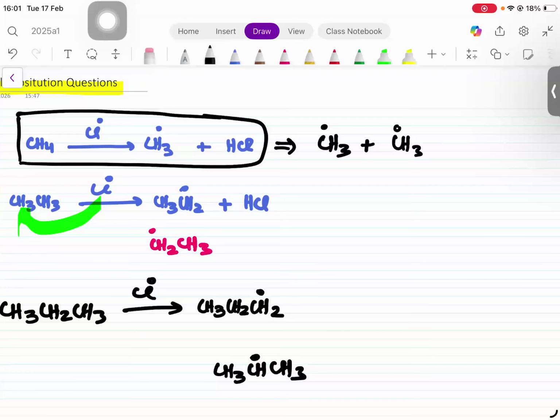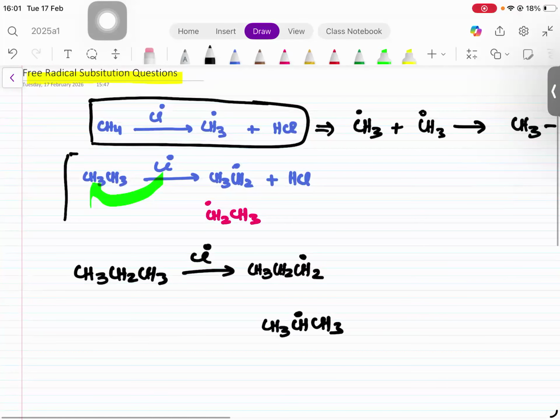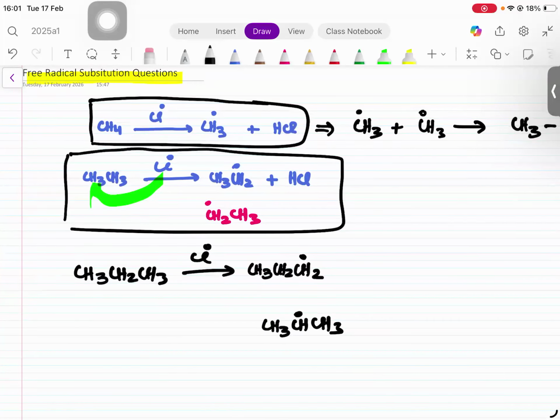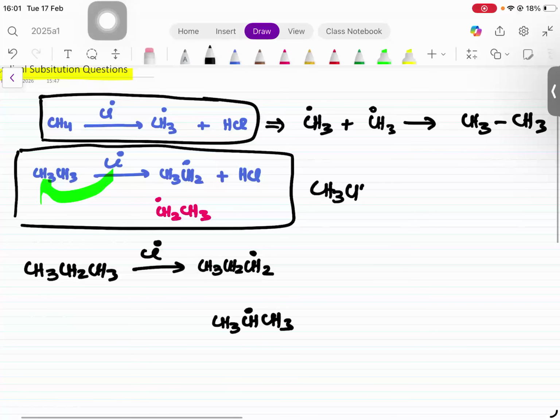CH3 क्या बनेगा, CH3 this is the possible termination for this to make it ethane. Yes, sir. Okay, what about the possible termination for this mechanism? Only CH3CH2 CH3CH2, so butane. This is the possible termination.